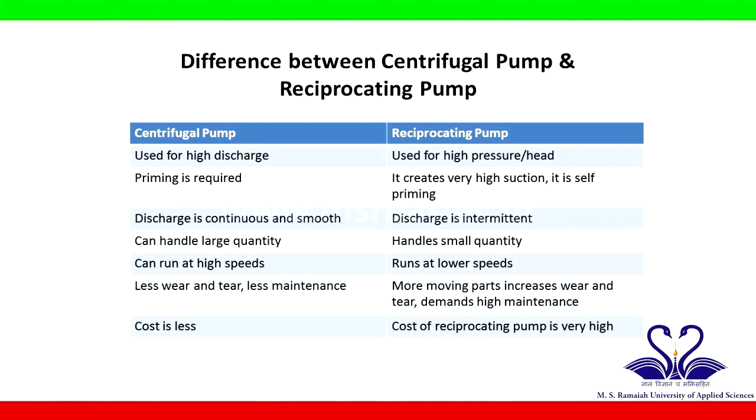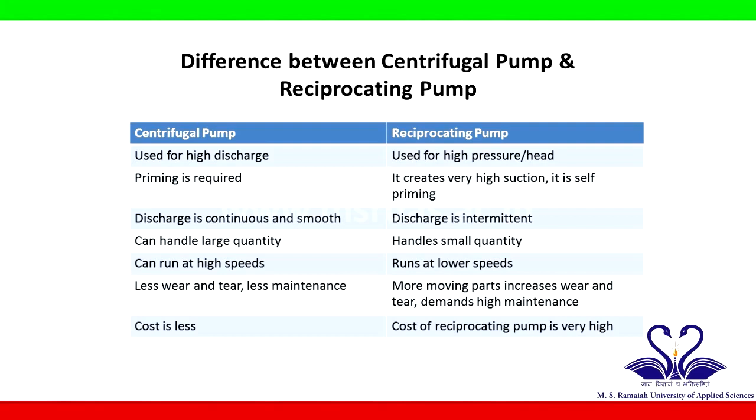As experiments on centrifugal as well as reciprocating pumps are completed, it is important to know the differences between both the pumps. A centrifugal pump is mainly used for higher discharge, whereas a reciprocating pump is used for high head.